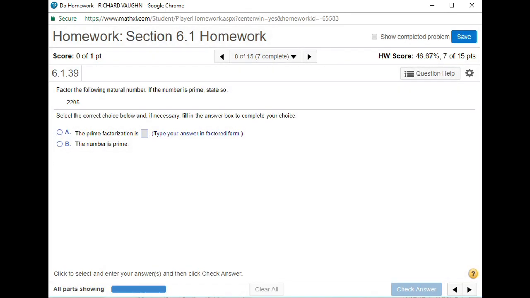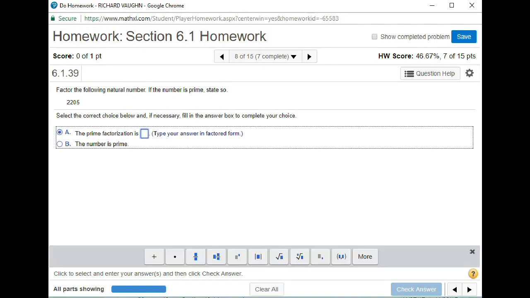All right, so 2205 is certainly divisible by 5. It's not divisible by 2. Let's see, 5 plus 4 is 9, so it is divisible by 3. So let's start with the 3. Now we'll pull out the 5.